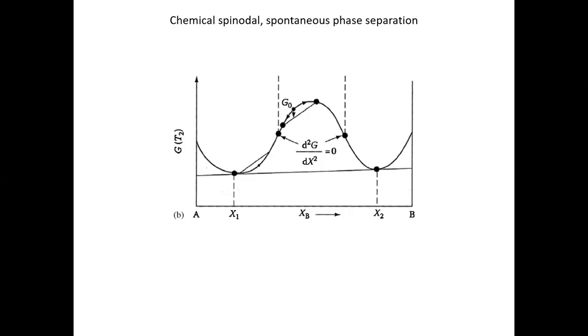Even if we know the system wants to separate into that particular x1, x2, is there any barrier that stops the system from doing this, or in terms of kinetics, what is needed for the system to do the separation? Okay, so that is what we're going to focus on.